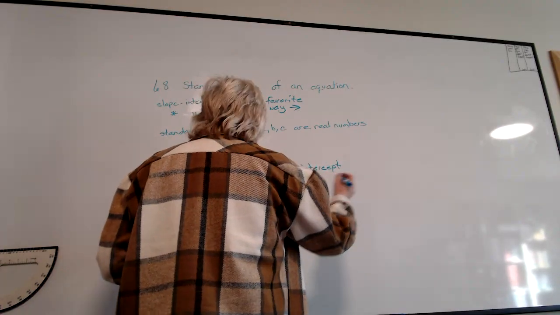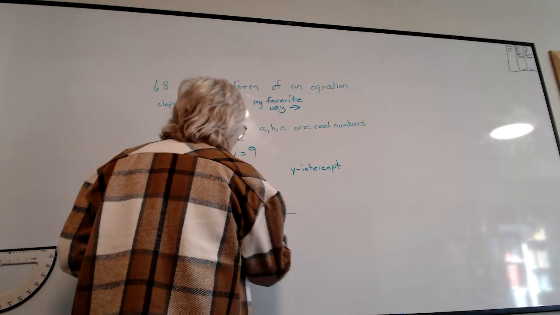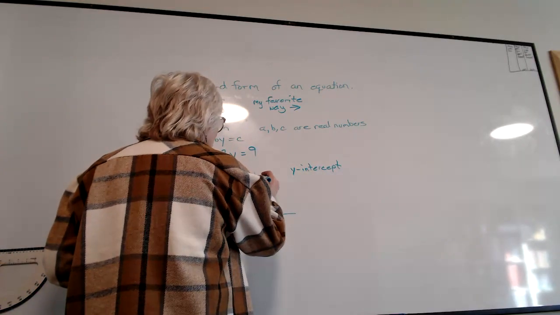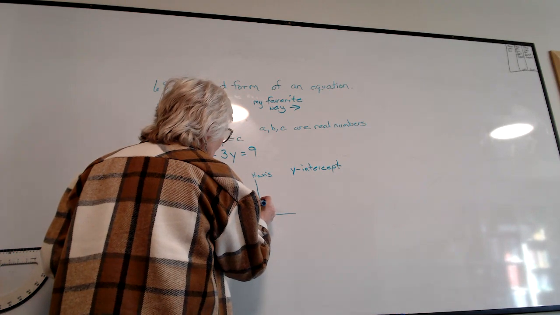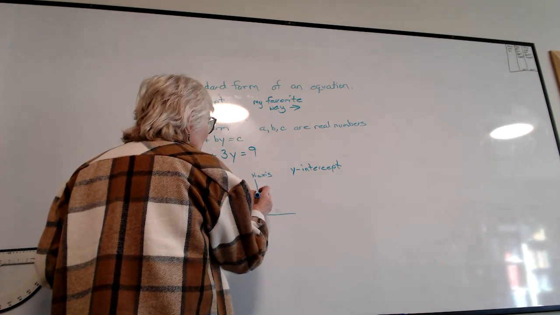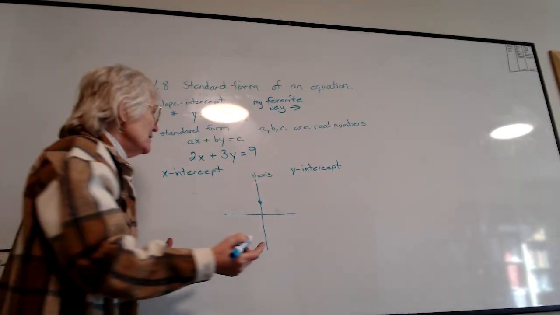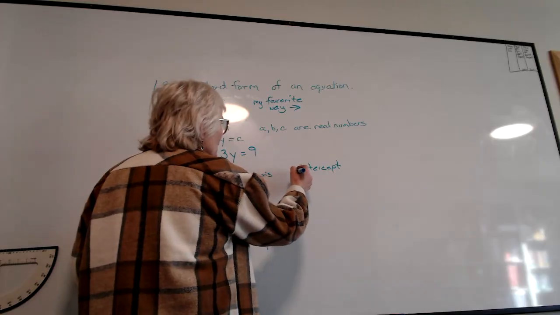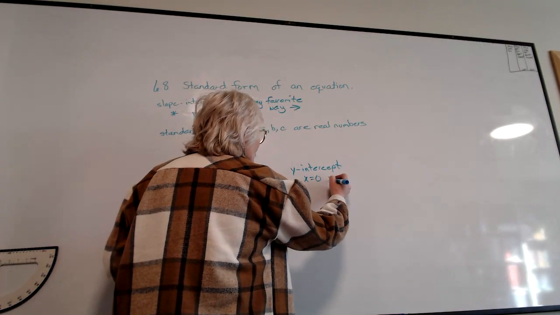Now, if you remember, when we're looking at graphs, this is my y-axis, so my y-intercept is where it crosses the y. And whenever it crosses the y, the y value has a number, but the x doesn't. So in a y-intercept, x is always equal to 0.